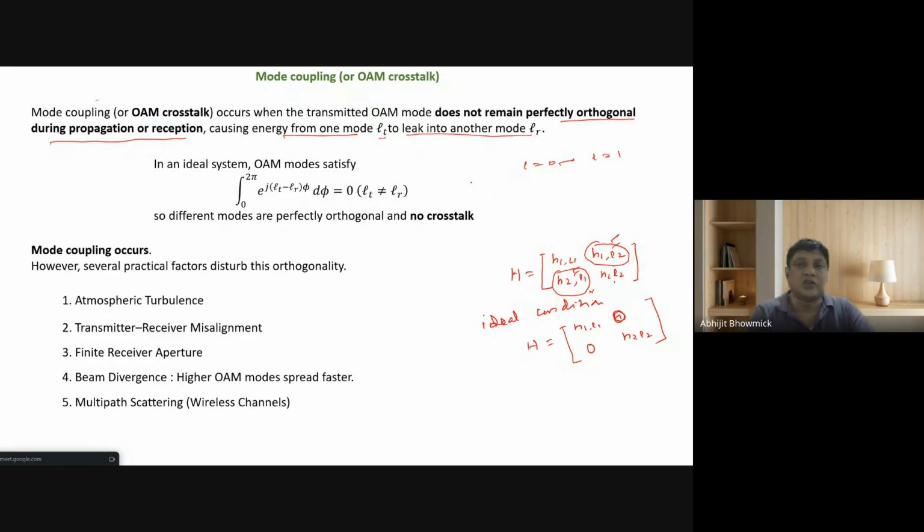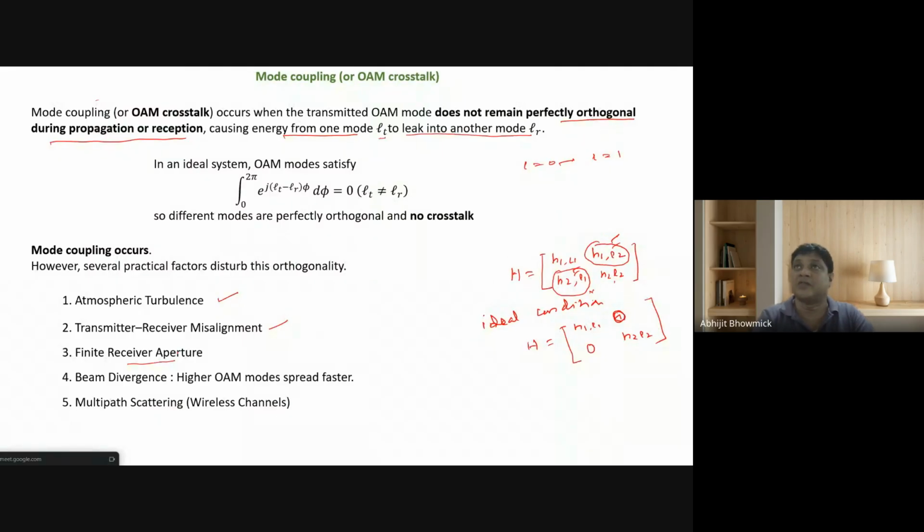Which physical phenomena are responsible for this mode coupling? One is atmospheric turbulence. Transmitter receiver misalignment: if the antennas are not aligned properly, then mode coupling occurs. Receiver aperture is finite.